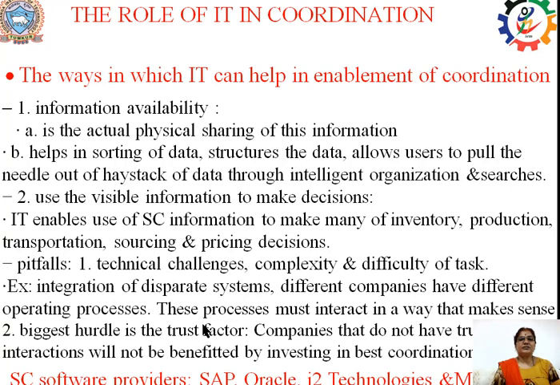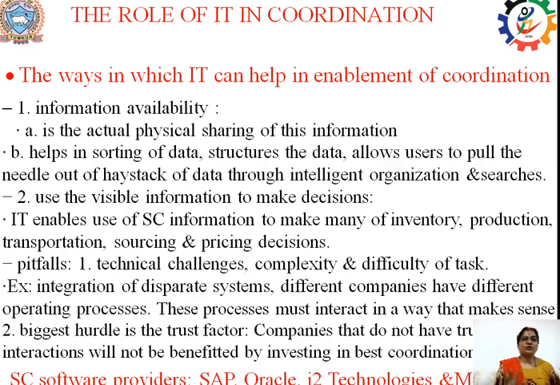So what are the ways in which information technology can help in enabling the coordination? In two ways it can help. One is making the information available, actual physical sharing of entire information, every detail of information. IT helps you. It doesn't only share the information, it sorts the data. Nowadays, big data, metadata, data mining have all become buzzwords.